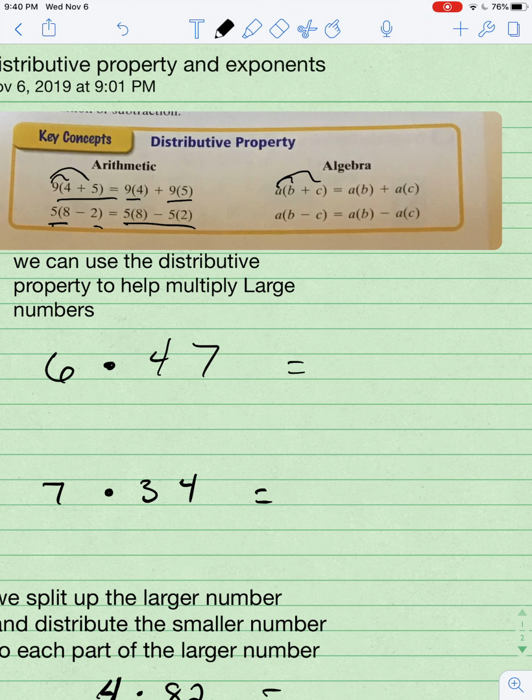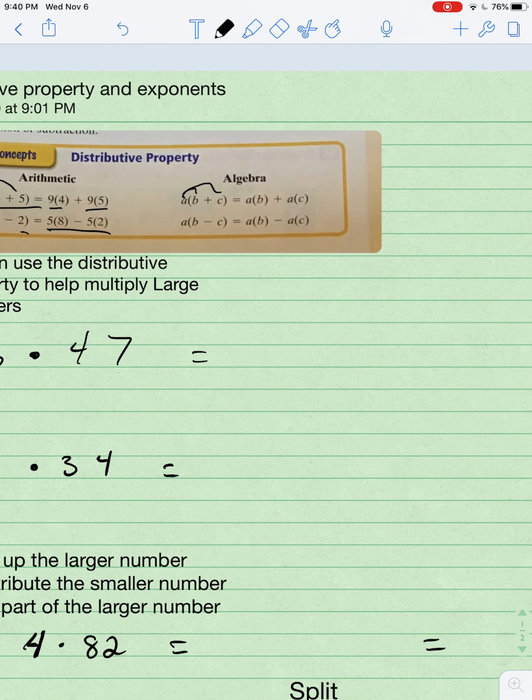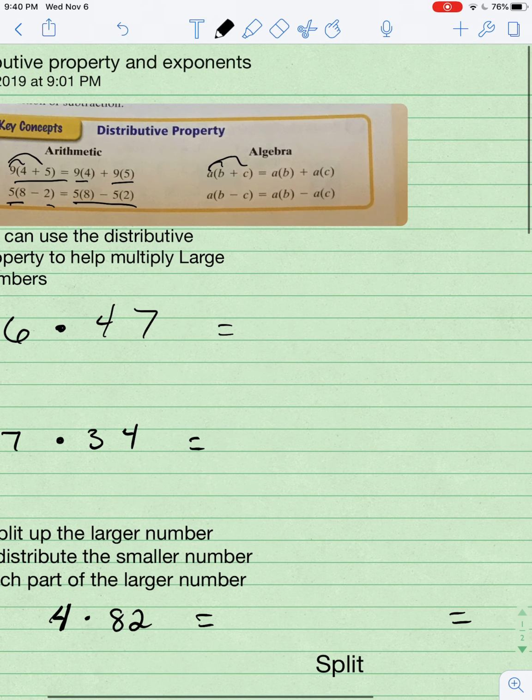So we can use this distributive property to help when we multiply large numbers, and also when we get into more algebraic equations. Here we've got 6 times 47, so we can rewrite that as 6 times 40 plus 7.